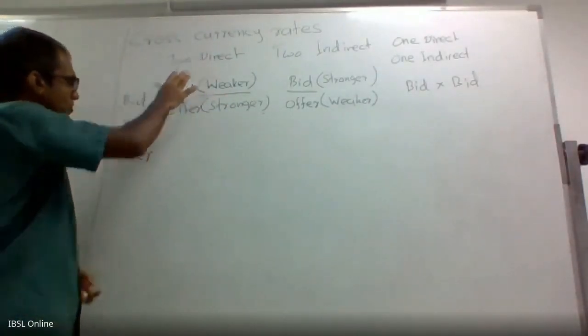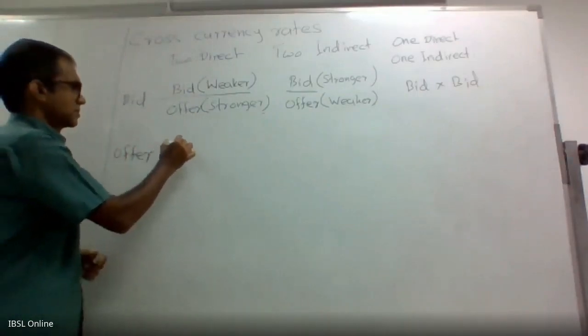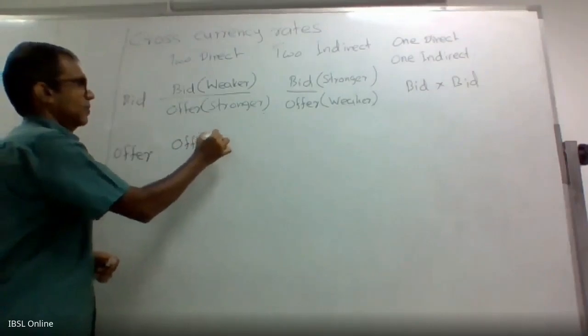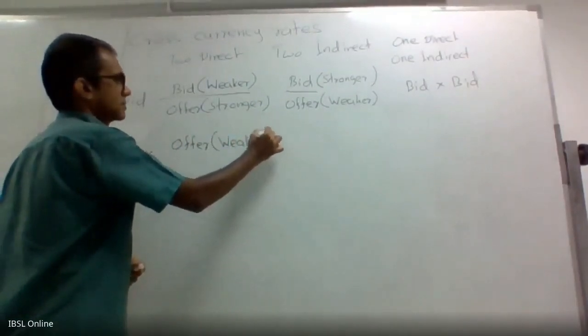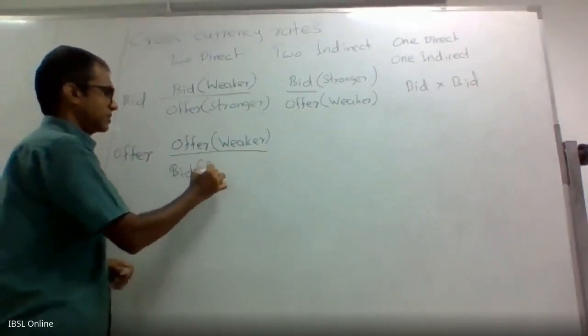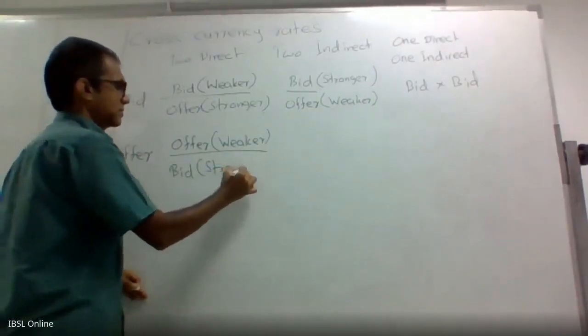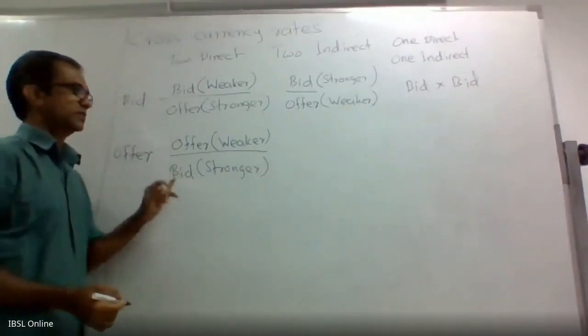When we have two direct quotes, to get the offer, it is the offer of the weaker currency divided by the bid of the stronger currency. Again, cross division.